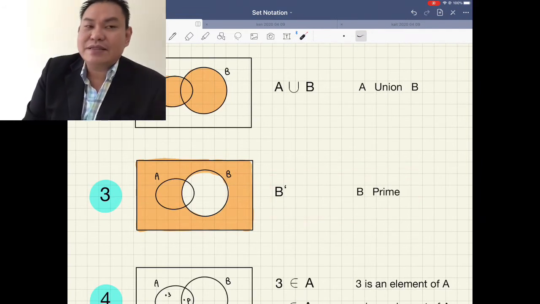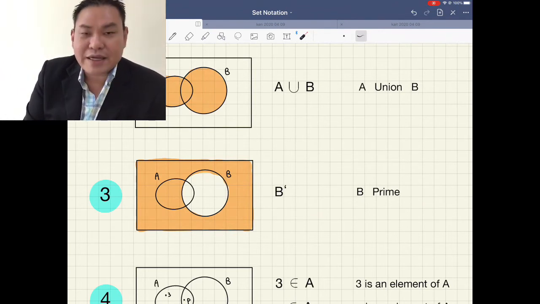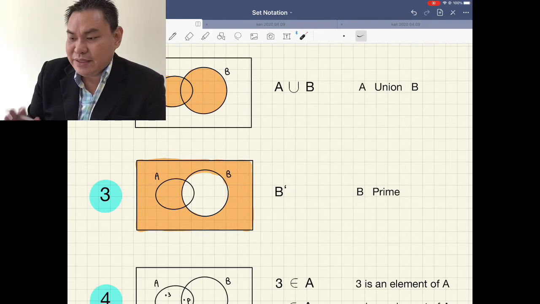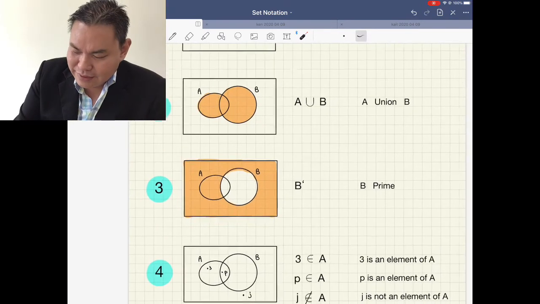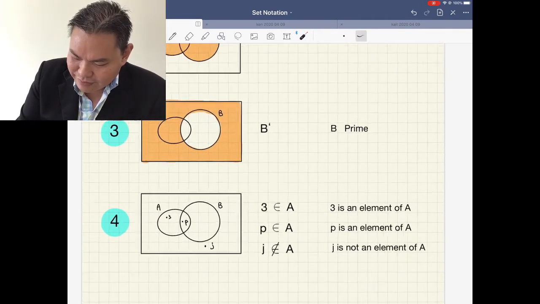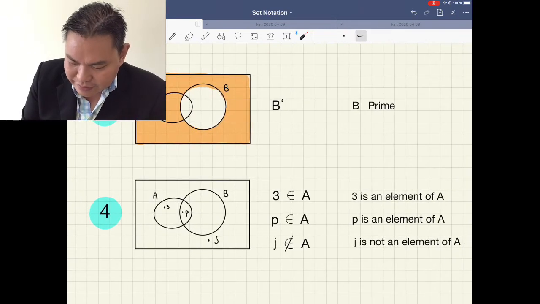B prime means anything that is outside B. That's why I shade anything that is outside B, inside B is not part of B prime. So that's Venn diagram number 4.